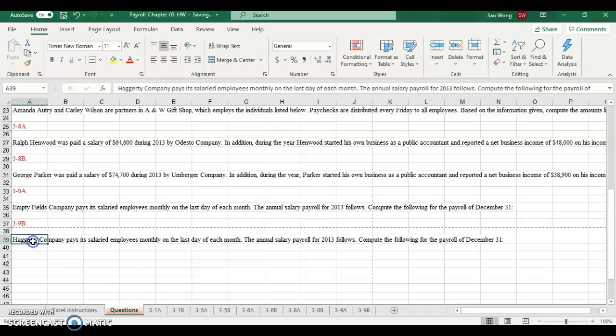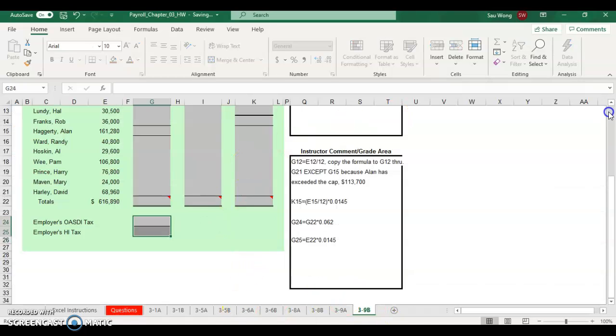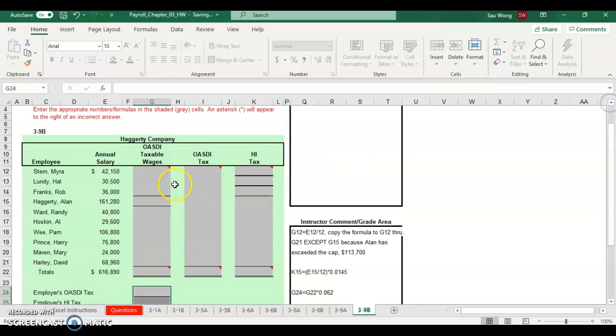3-9B, Haggerty Company pays salaried employees monthly on the last day of the month. Annual salary payroll for 2013 follows. Compute the following for payroll of December 31st. This is an annual salary for Myra.